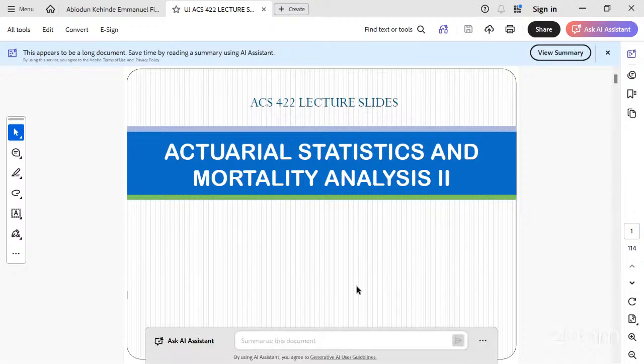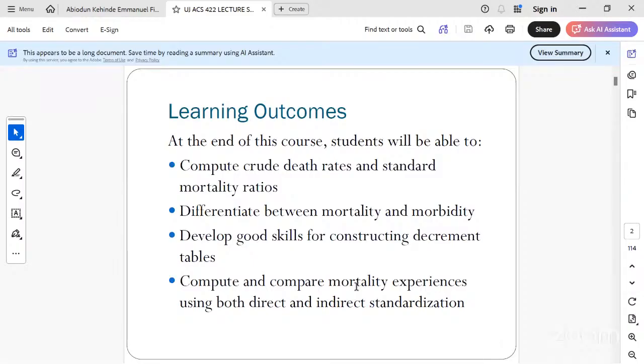So during the course of this lecture, students are expected to be introduced to the concept of crude death rate and standard mortality ratio. Hence, at the end of the lecture, you should be able to compute, when you have the necessary data, crude death rates and standard mortality ratio.